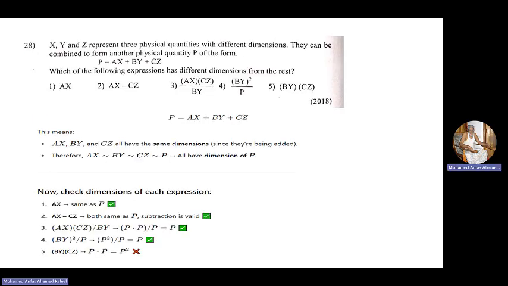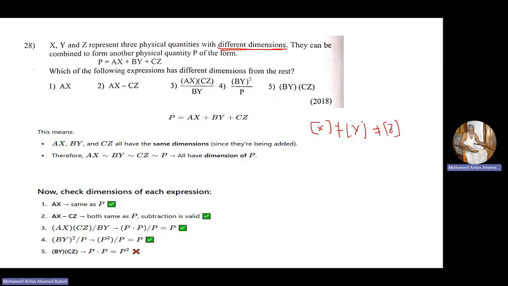Okay, we will see: x, y, and z represent 3 physical quantities with different dimensions, same as the previous question. Please remember, when they say different, just note it down here: dimension x is not equal to dimension y and not equal to dimension z.